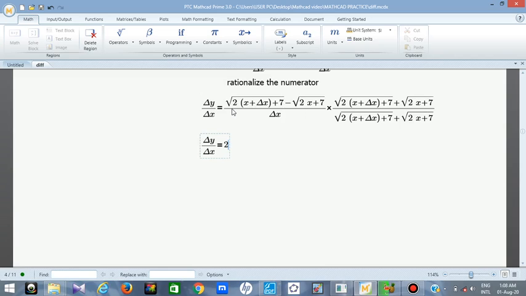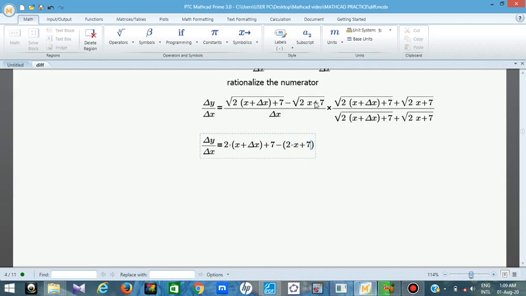The square will cancel the square root, and I'm left with 2 open bracket x plus delta x plus 7, then minus. In this case, you need to open a bracket because of this minus. If you do not open the bracket, you may make a mistake. You open the bracket, and you have your 2x plus 7. So that is all for the numerator.